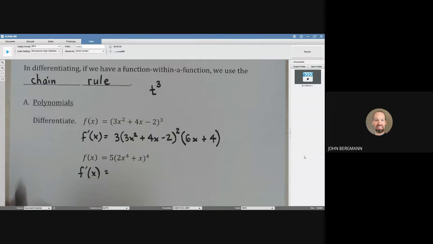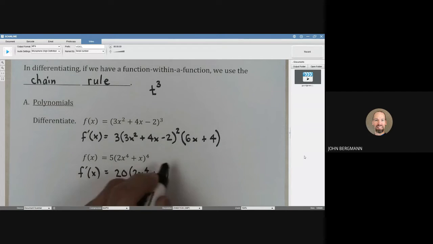So we're going to bring the 4 down, and when we multiply it by the 5, that's going to give us 20. Then we're going to rewrite what we've got here, quantity 2x to the 4th plus x, and we've got a power down. So now we're not to the 4th power, we're to the 3rd power. And then to that, you take the derivative of the thing inside, and then you stop.